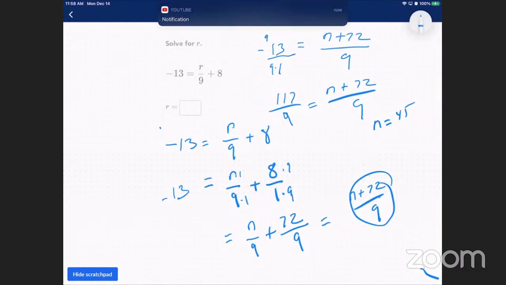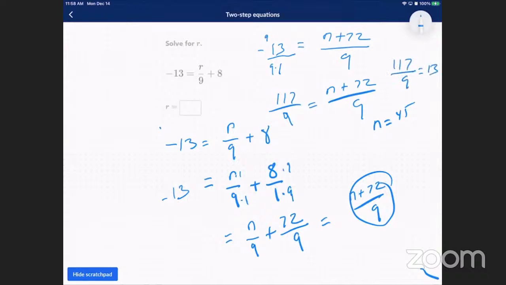Ooh, that kind of works, because 117 over 9 is equal to 13. So that actually was the way to do it.